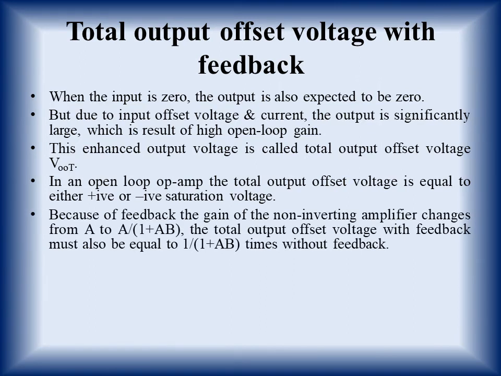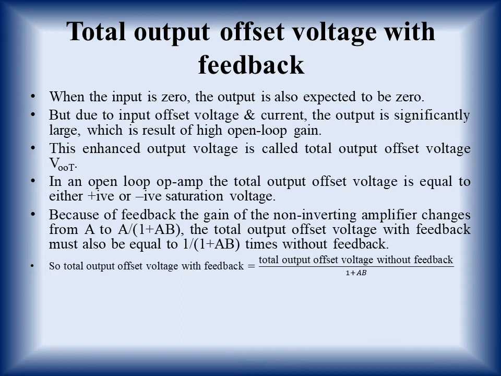But when we apply negative feedback, the gain is decreased by a factor of 1 upon 1 plus AB. So the output offset voltage with feedback must also decrease by the same amount.